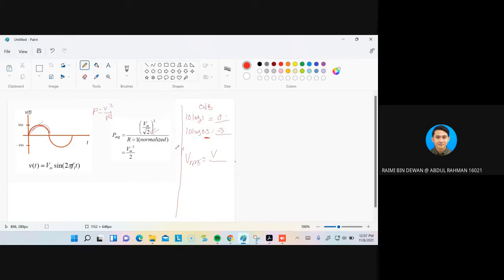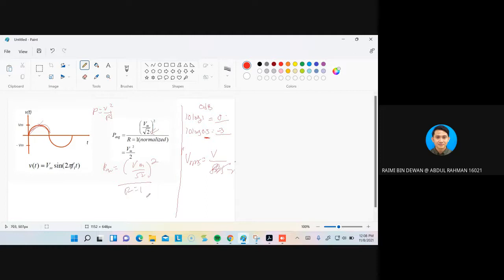That's why we use this, like VRMS. So P average equals V peak over square root of 2, squared, and then over R1.